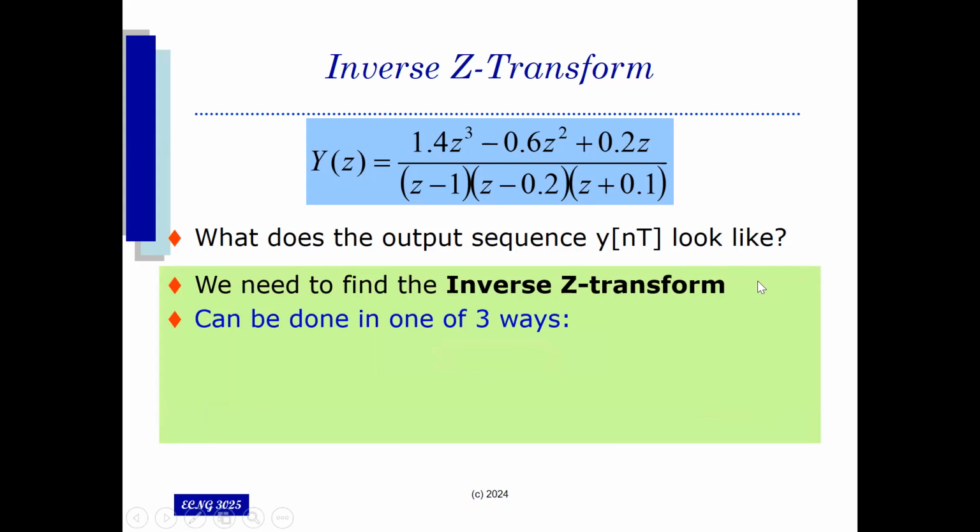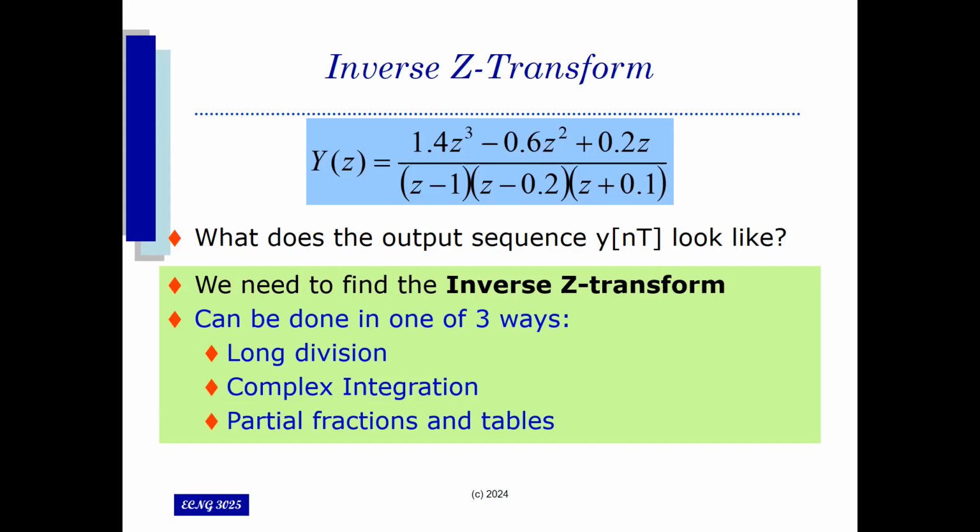All right, so the inverse transform, in the case of the Z transform, you had 3 ways of doing it. One was long division, one was complex integration, and the other one was partial fractions and tables. The long division approach is unique to the Z transform. The Laplace transform doesn't have a corresponding way of doing it.